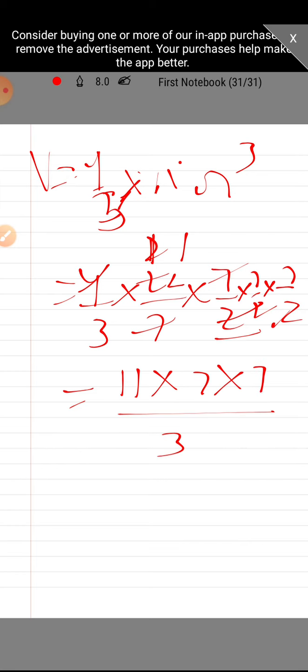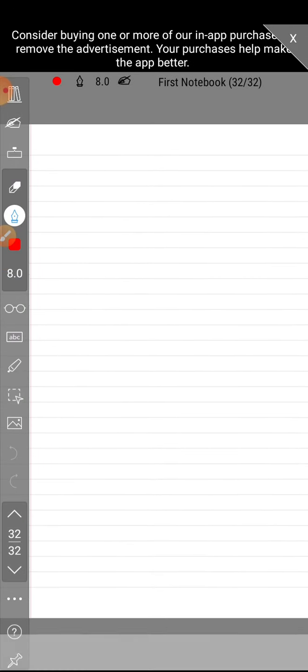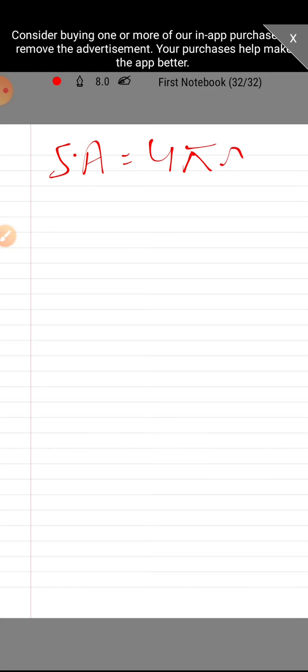So now v is equals to, we can solve this particular equation and we get 179.6 centimeter cube. Now in the next part we have to calculate the surface area. So surface area for a sphere is given by 4 pi r square.